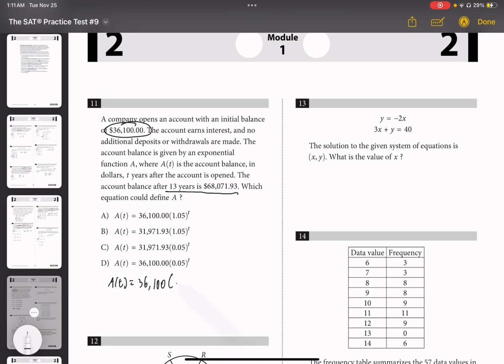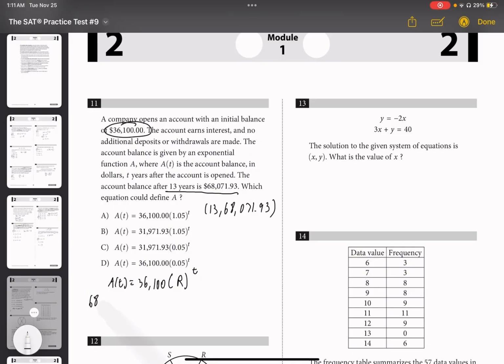36,100 times our rate, we'll call R, times t. We don't know the rate, so what we're going to do is plug in our values here, which is 13 and 68,071.93 to our equation.